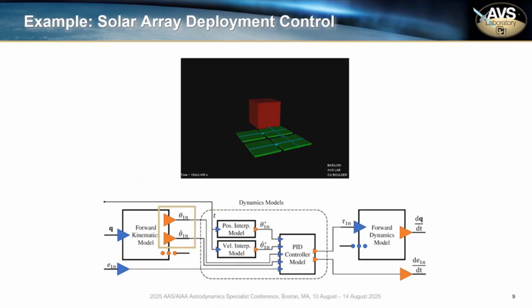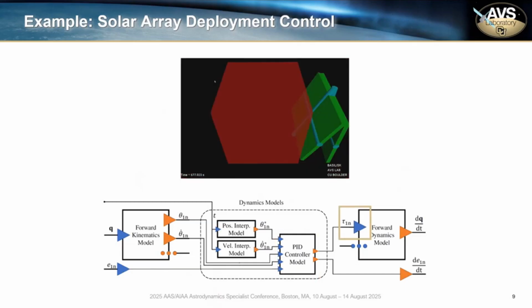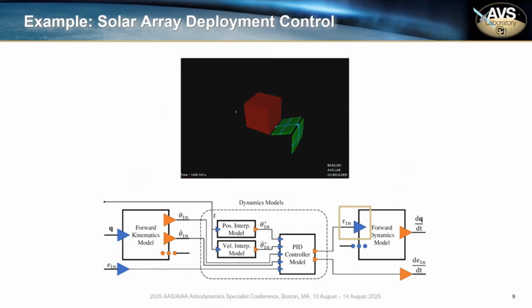We also take the current angle and the angular velocity from the forward kinematics model, and we connect this to the PID controller. If we know the desired angle and we know the current angle, we can compute a torque that should act on the joint so that this desired angle is achieved.